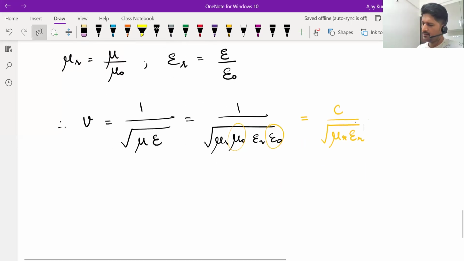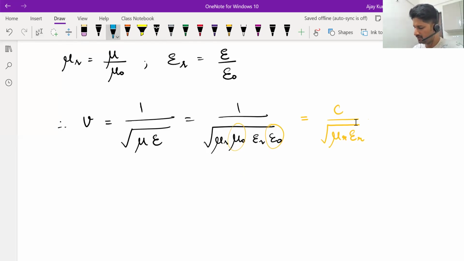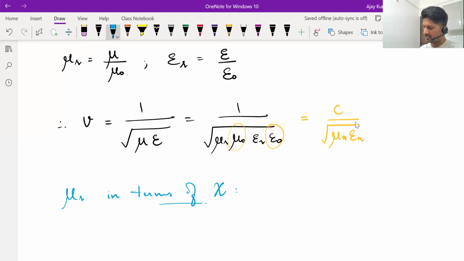How is relative permeability mu r related to susceptibility? Can one of you tell? How do you express relative permeability in terms of susceptibility? Okay, this is from magnetism and matter. Mu r is equal to 1 plus chi. That's all.